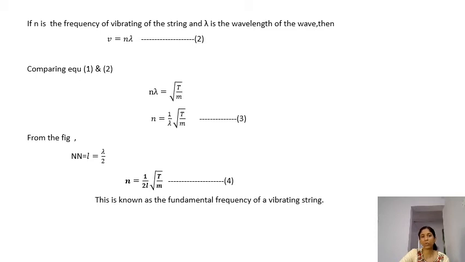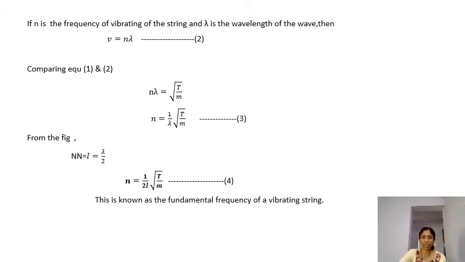Comparing these two equations, equation 1 and 2, n lambda is equal to root of T divided by m, the velocity of the transverse wave. By equating these two equations, we arrive at the final equation for the frequency: n is equal to 1 divided by lambda, root of T divided by m.